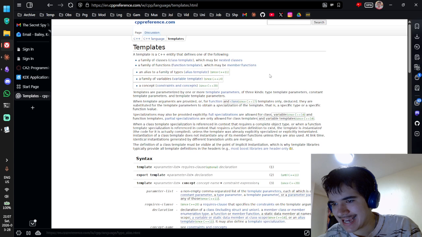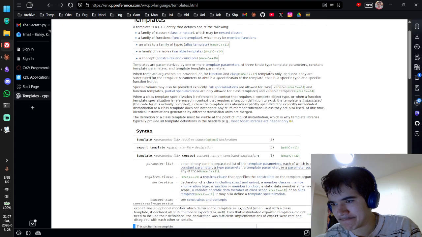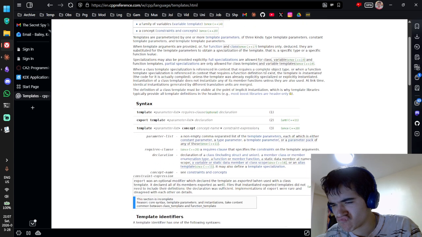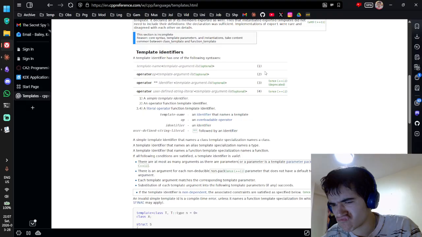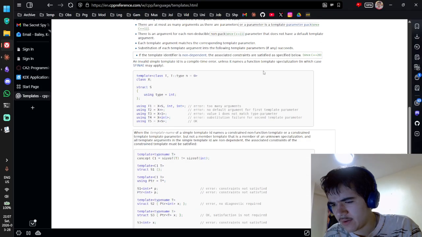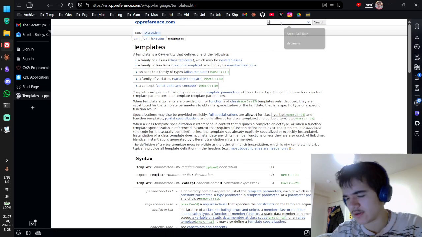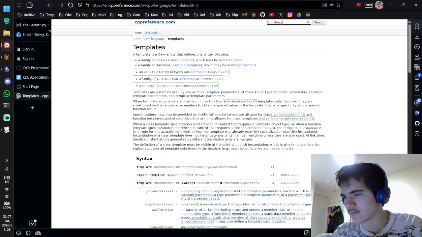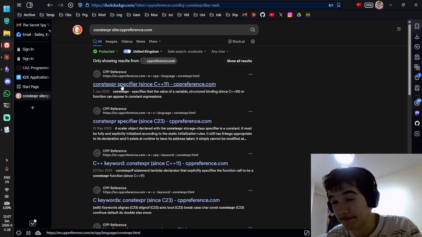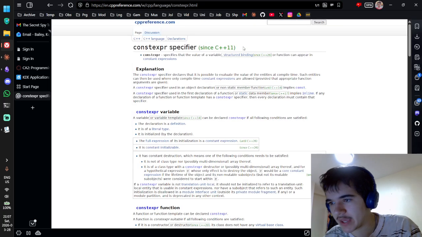An alias. There was something that was added in 11 specifically. Oh, lambda expressions. And constexpr was what? Yeah, okay, that's right, constexpr.